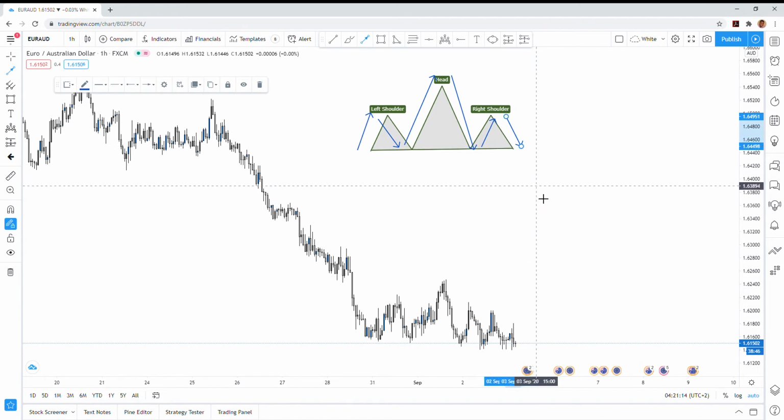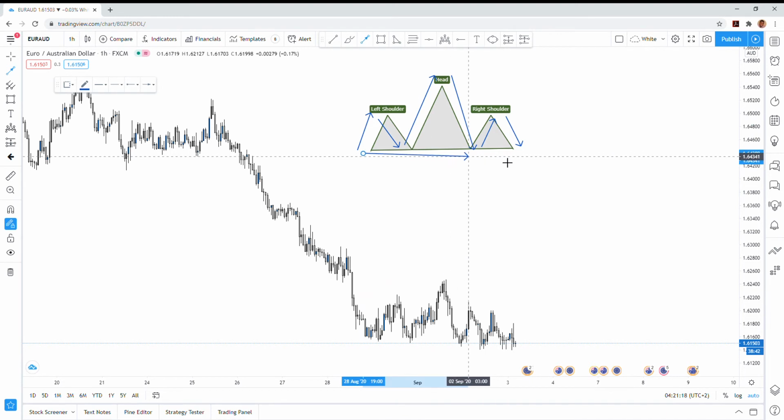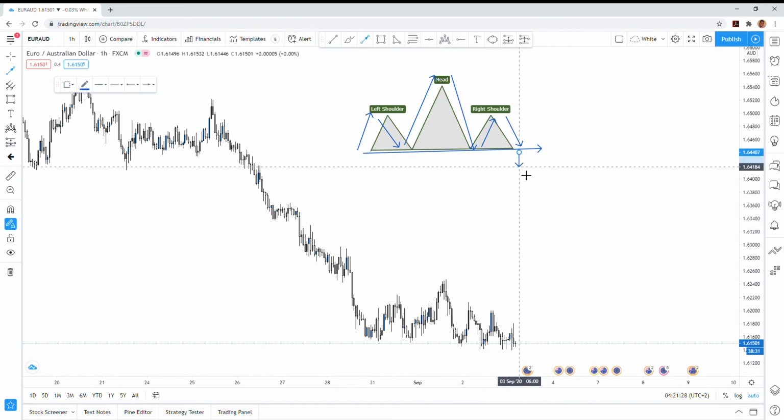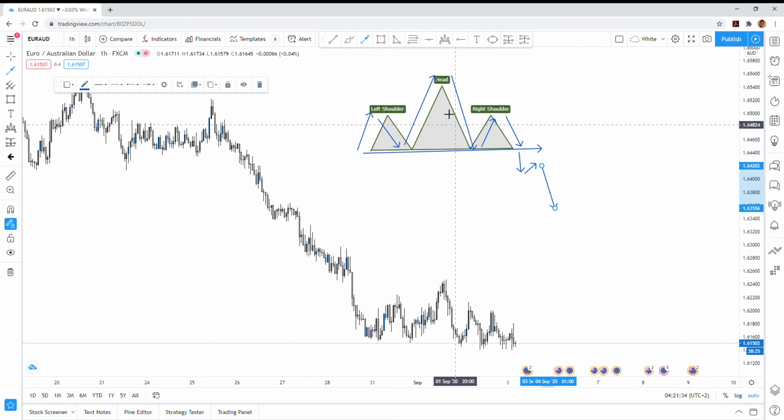Under normal circumstances, when this neckline is broken, it shows us that there are enough sellers in the market. So when price moves below the neckline, most traders will just jump in and trade it.